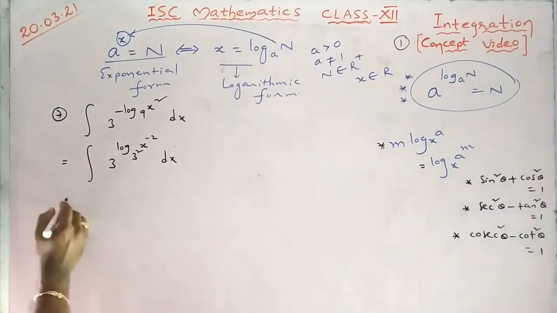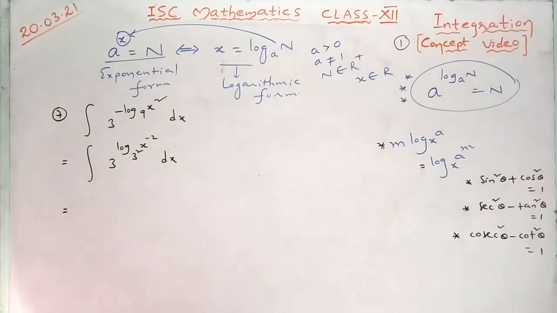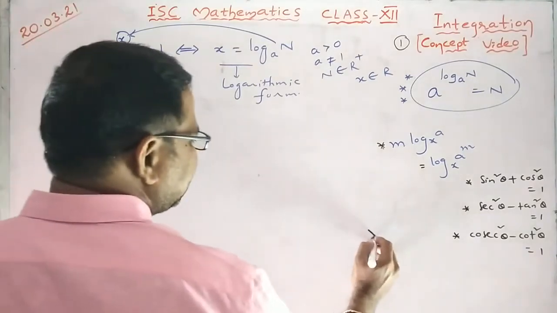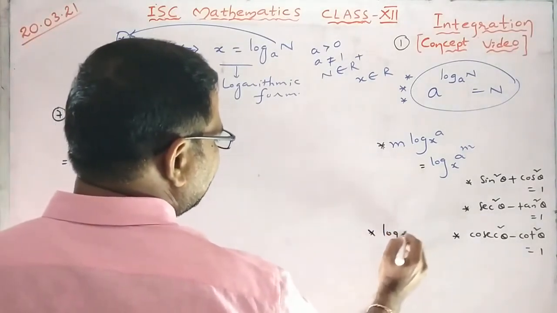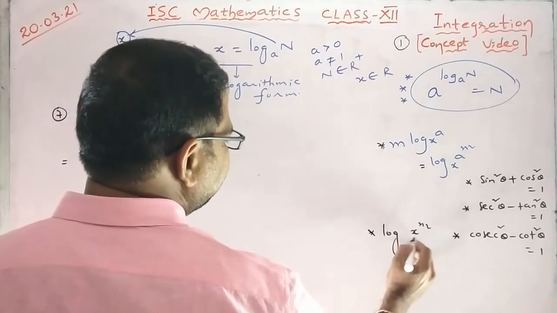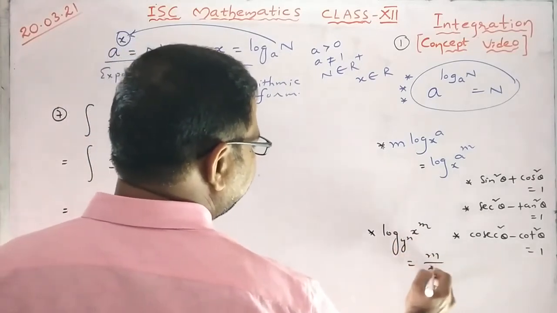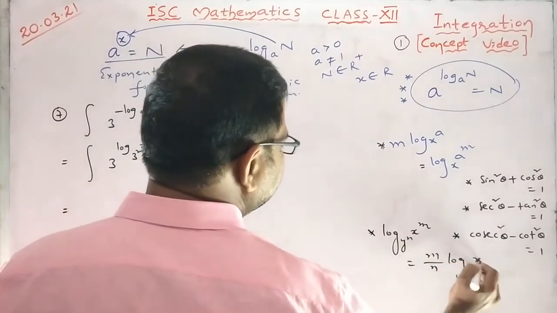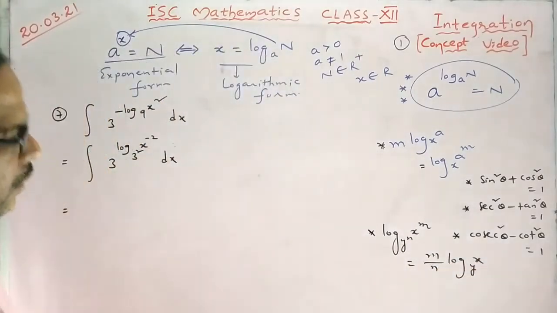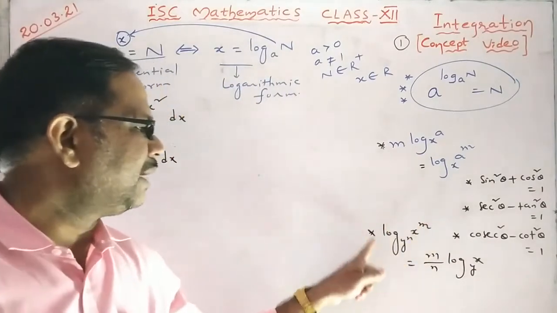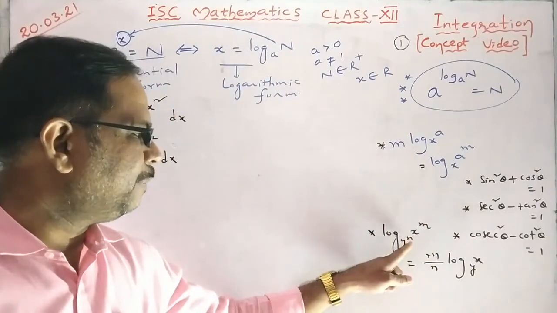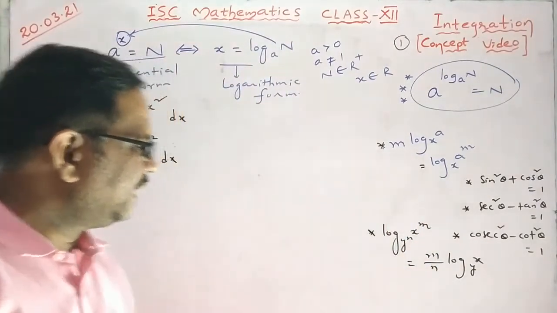Okay. Here in the logarithms we have one more facility, that is log x to the power m to the base y to the power n. That means we can write m by n log x to the base y. This power comes to the numerator and base power comes to the denominator.